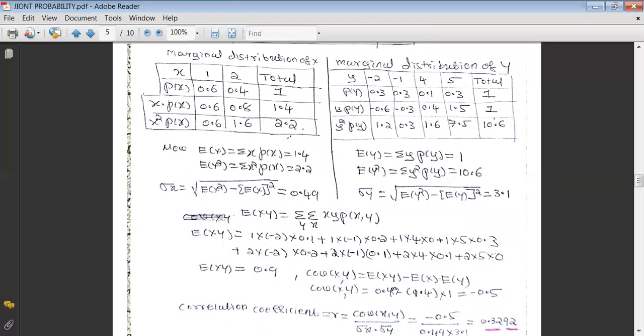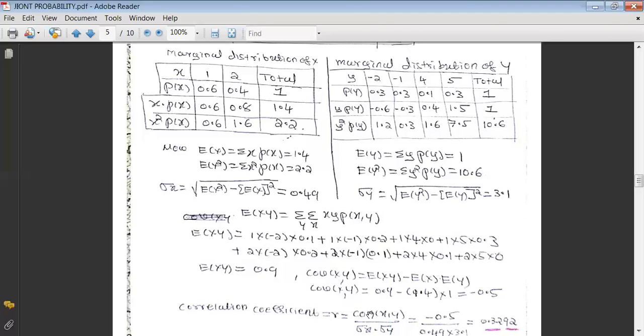The covariance of xy is given as the expected value of xy, that is 0.9, minus the expected value of x, that is 1.4, and the expected value of y is 1. Once you simplify, it results in minus 0.5.